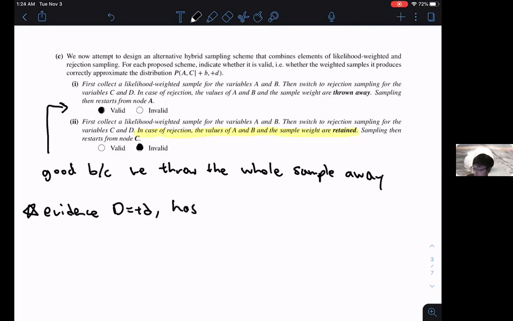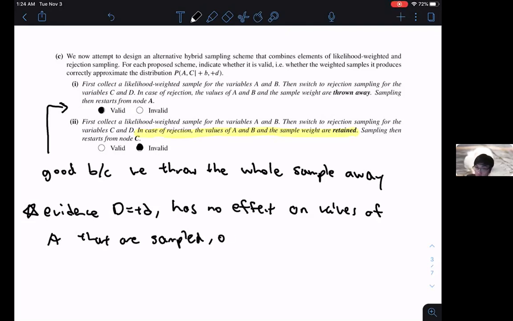So no effect on values of A that are sampled or on these sample weights.